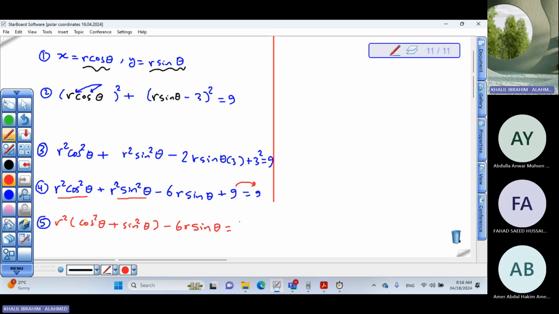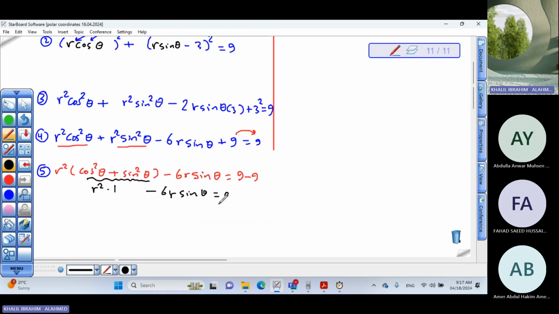Change the sign: 9 minus 9. Excellent. But cosine squared theta plus sine squared theta is a famous identity. What's the answer here? 1. So 1 times r squared minus 6r sine theta equals 0.